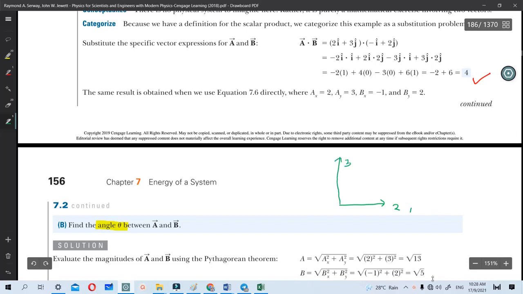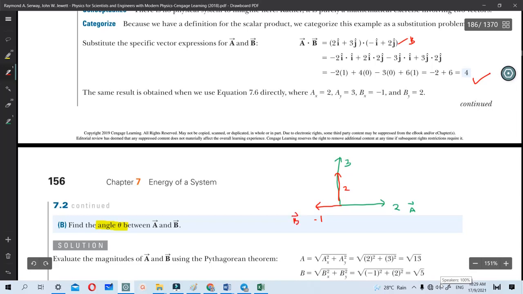So this is A. B just now is -1 and 2. So -1 and 2. Here. So this is B.